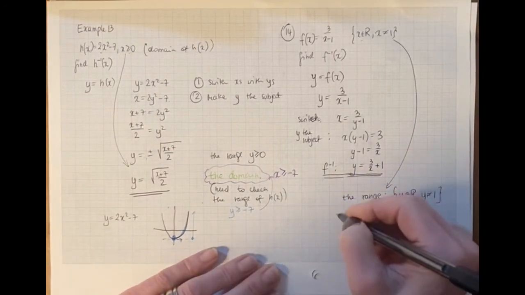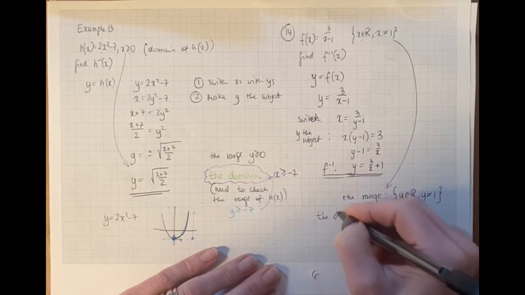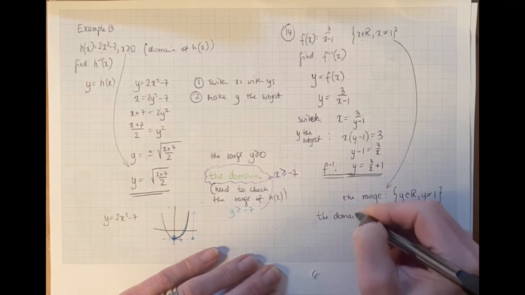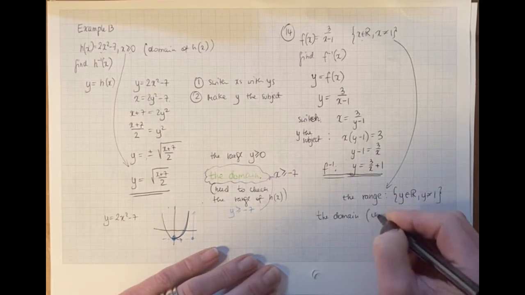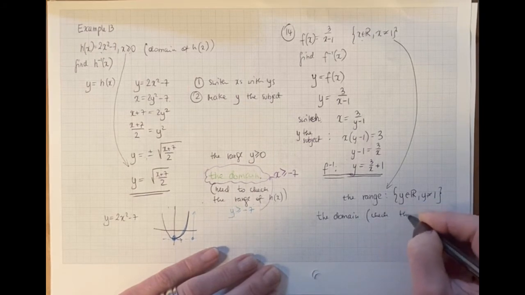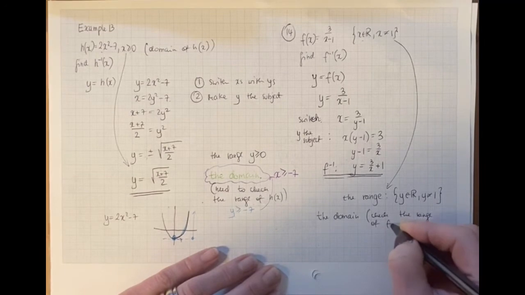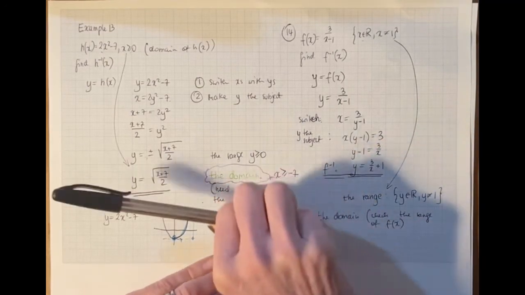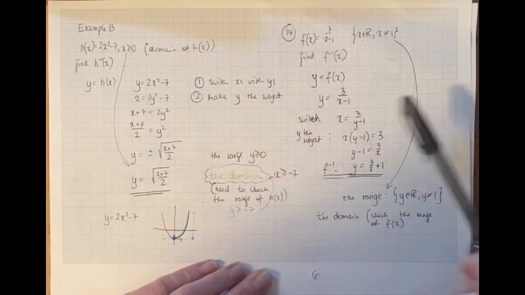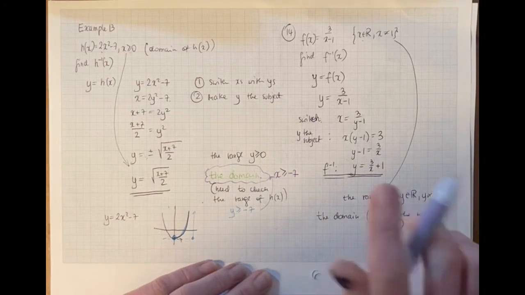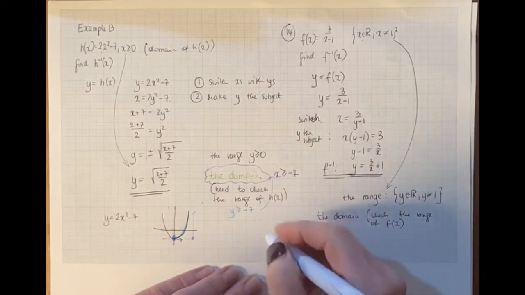So for the domain, we are going to check the range of f of x. So with a reciprocal graph, if you remember from when we tackled reciprocal graphs, always sketch it.